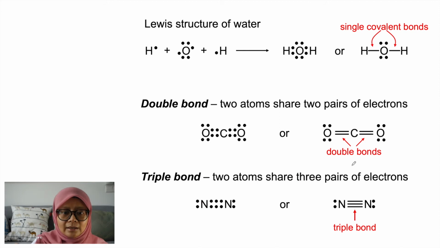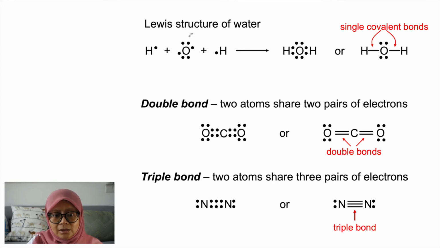Other than that, for example, here we have a Lewis structure of water, H2O. This also involves sharing of electrons between two hydrogen atoms and one oxygen atom.